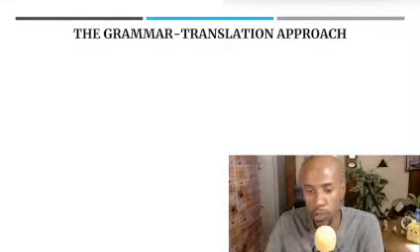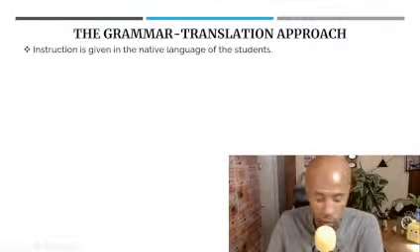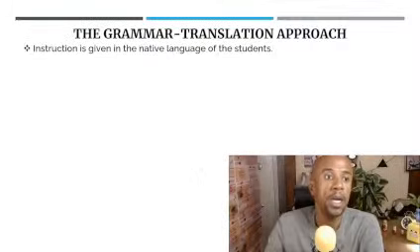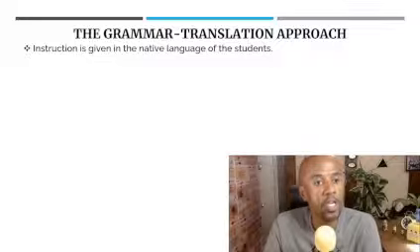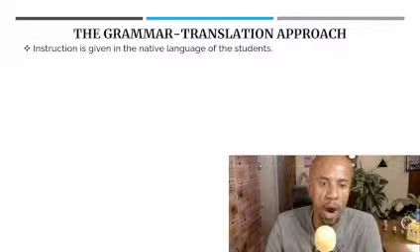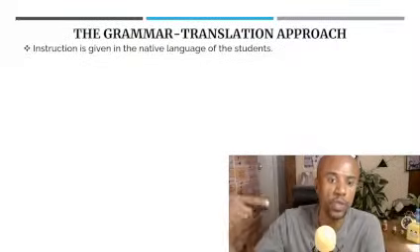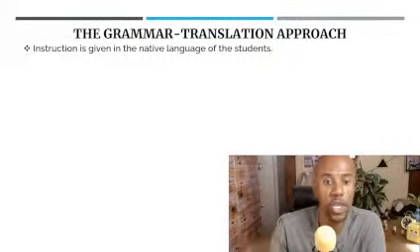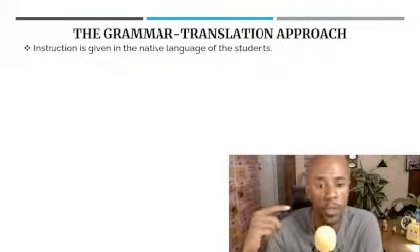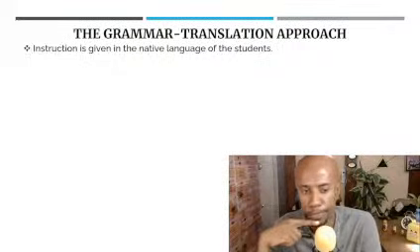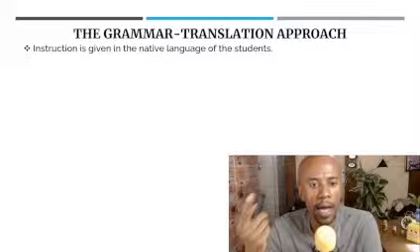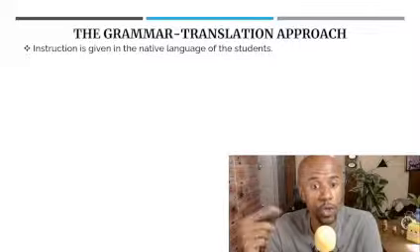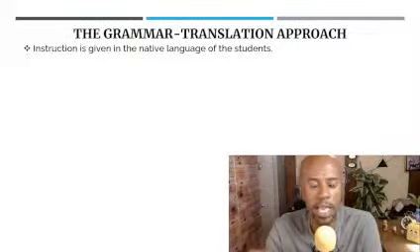The grammar translation method is a method in which instruction is given in the native language of the students, so that if you are a native speaker of Arabic, it is Arabic which is used to teach you French or English, which is very different from the ways in which the direct method would teach you the language.